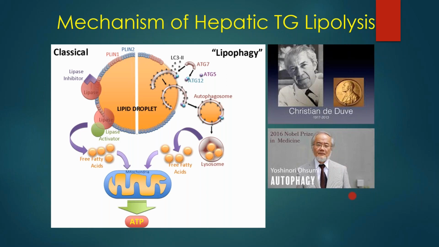Although autophagy was described by de Duve early on in the late 1960s, the mechanism was not at all clear. Ohsumi is the person who worked out the mechanism, and he got the Nobel Prize for working out the autophagy mechanism in 2016. So these are two big names in this field.